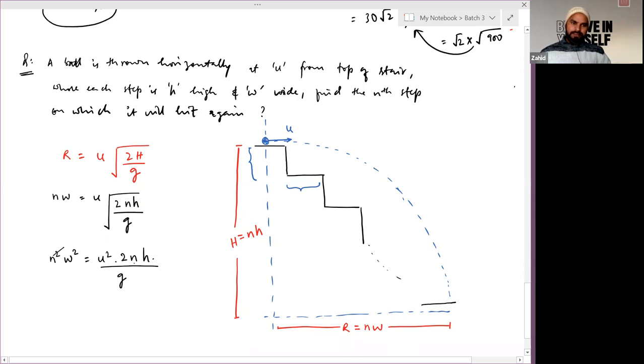This n and this n will cancel out. So you're left with n equals 2 times u squared h divided by gravity times width squared. So this will be the nth step on which the ball will hit again.